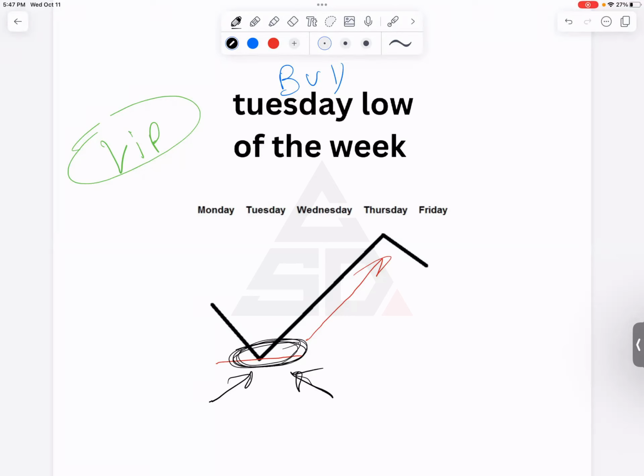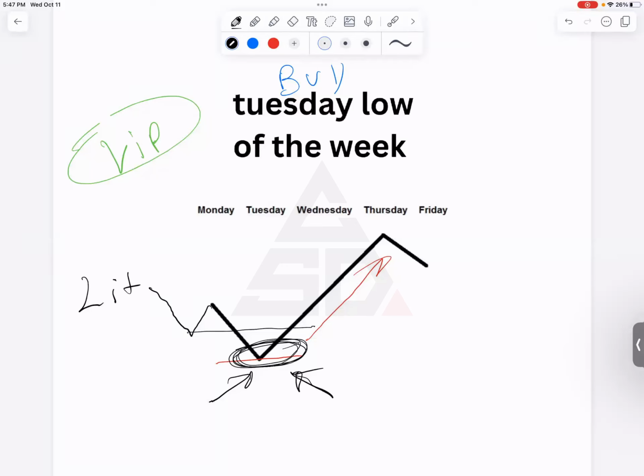It can be a higher time frame OTE, or it can be a higher time frame liquidity hunt. Something like this. Liquidity hunt. So that's the liquidity that we just identified.